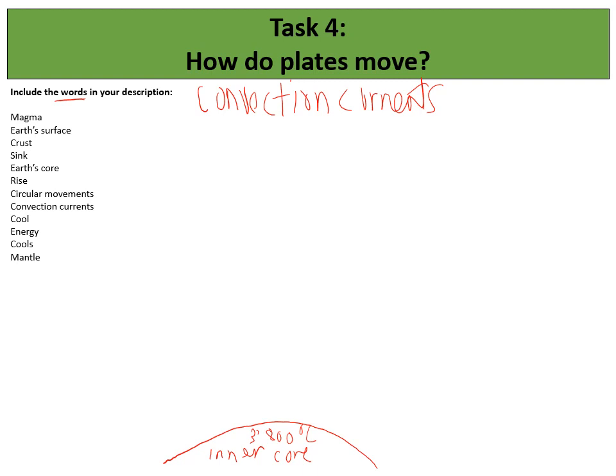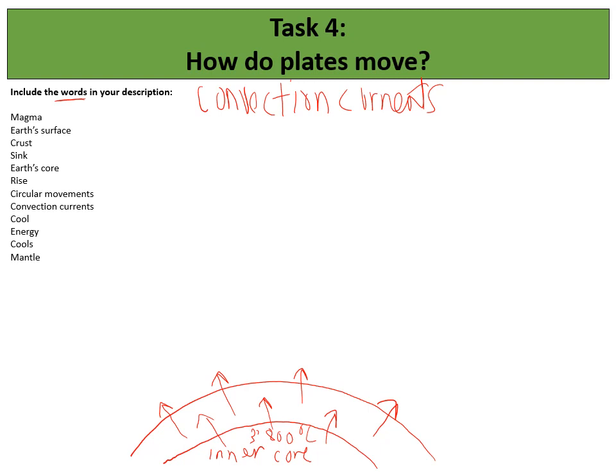And what happens? Well, if you think about if you're in a shower or if you're cooking something or when you put the radiators on, all of that heat rises. So the heat from the inner core rises through the outer core, and it makes its way into the mantle.